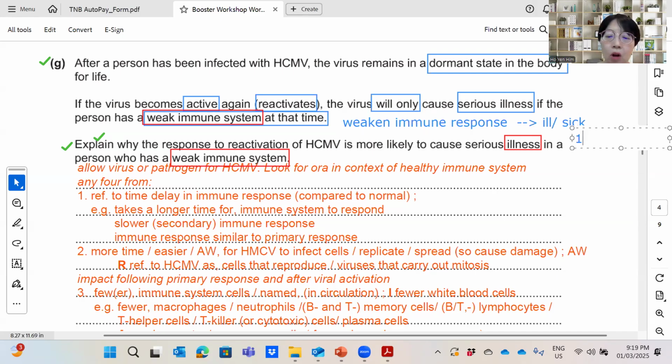Why is a person becoming ill or sick? You learned that it's because, number one, the pathogen can spread in the body. Number two, it can multiply in the body and not be killed. For one and two to happen, it's basically because they are not being killed by the immune system.